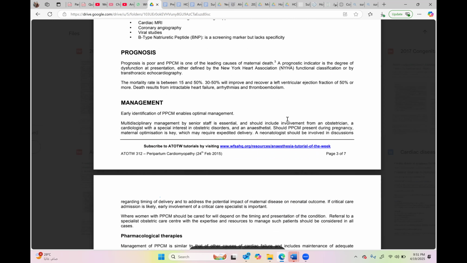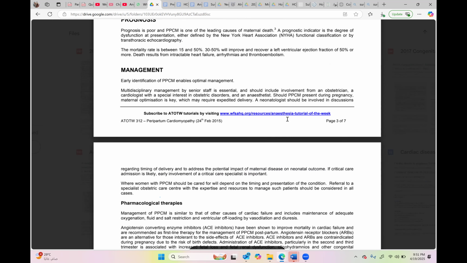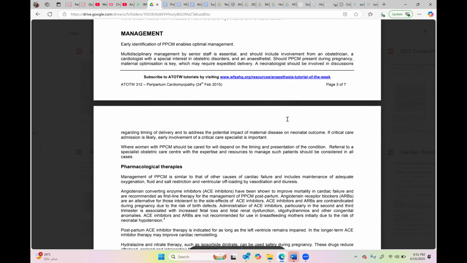For induction, you will use etomidate because it is the least cardiac depressant, and you will give accurate fluid. You have to maintain the fluid volume. There may be need of pacing intraoperatively if there are any bradyarrhythmias, and you might need support from the inotropes.